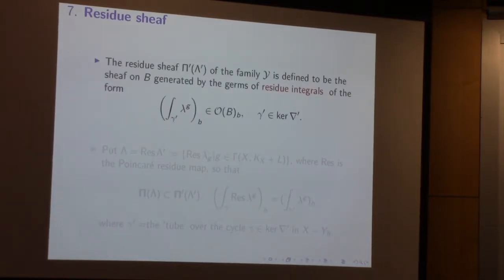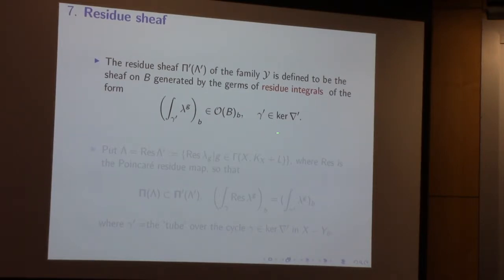Okay, so now I do the same thing as I would with period integral. Instead of considering the periods of the family, I consider now taking this meromorphic form and integrate over the cycle.